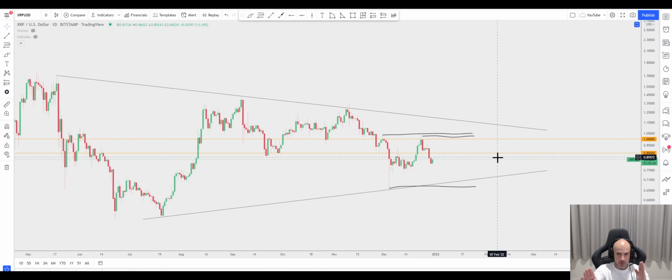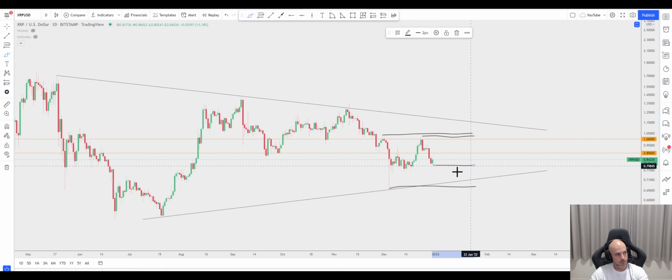But from now on, let's speculate, okay? So this is speculation. Let's say this guy turns into a valid pivot. It is going to be very, very aggressive against the previous one. Then what can we expect next?